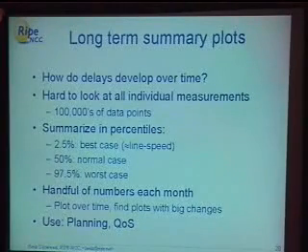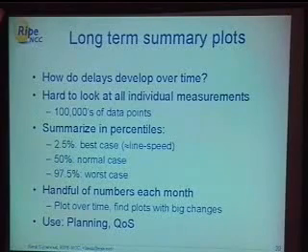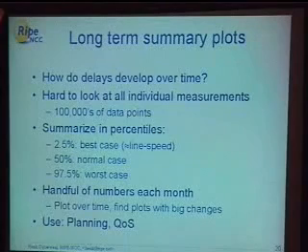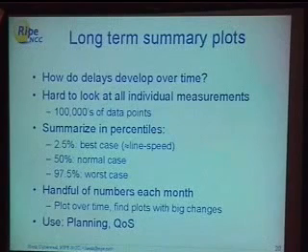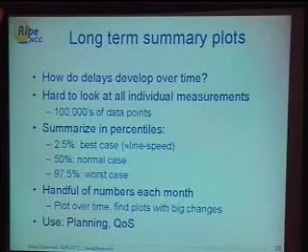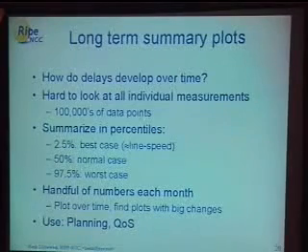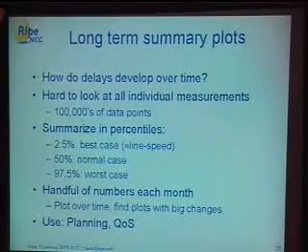This is sort of the best case, and it's roughly equal to the line speed between source and destination. We also calculate the 50% or the median, which is sort of what the average user will see, and the 97.5 percentile, which is the worst case over a day.